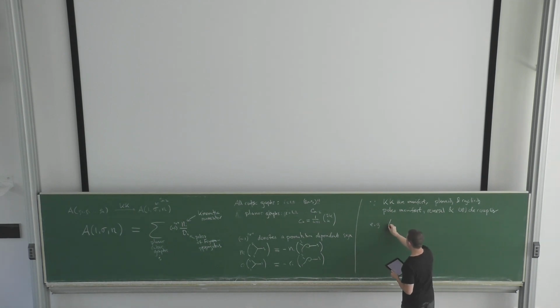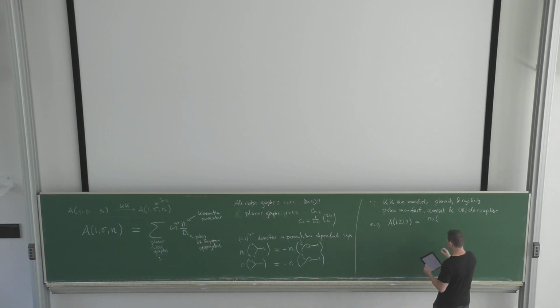So let's consider a 4-point example. So we have the 1, 2, 3, 4 ordering, and I can write that as a sum of diagrams. So let's say that's an S channel. Let me also draw the diagram such that it's clear. Maybe I can draw it slightly bigger.